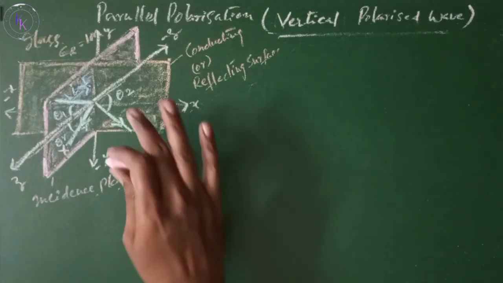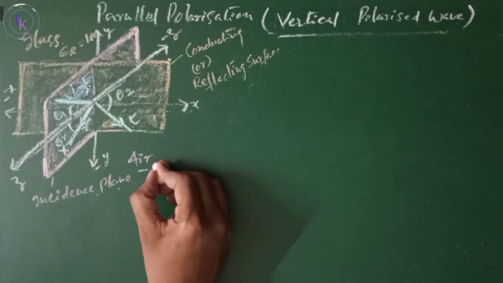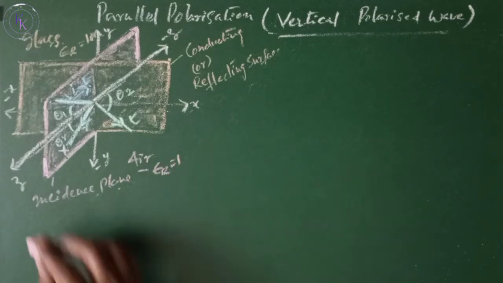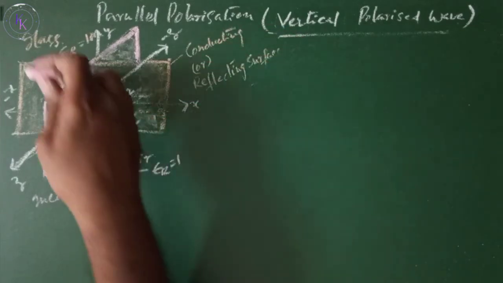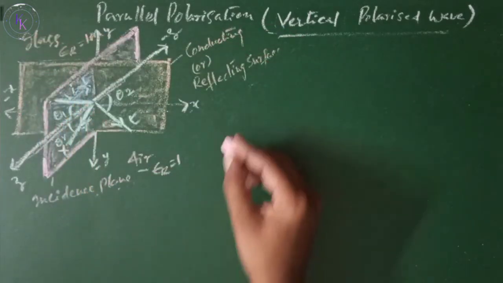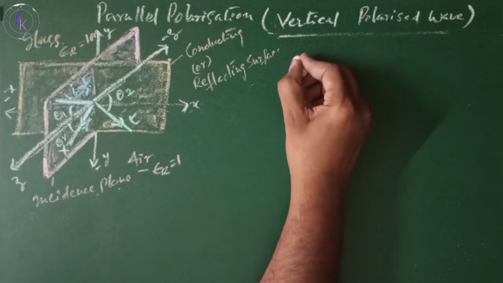Considering one problem with the parallel polarized wave, the first medium is air where ε_r equals 1, and the second medium, that is after the conducting or reflecting surface, is glass with ε_r equals 10. Then I need to find out the Brewster angle θ1.